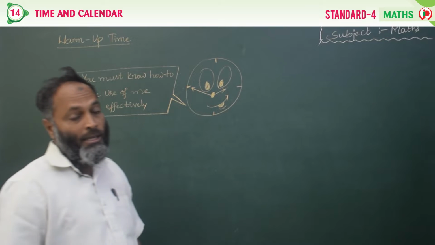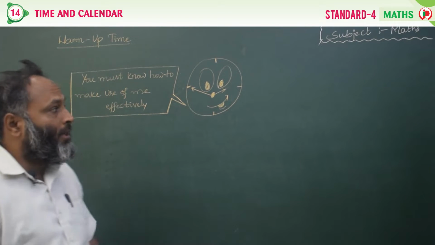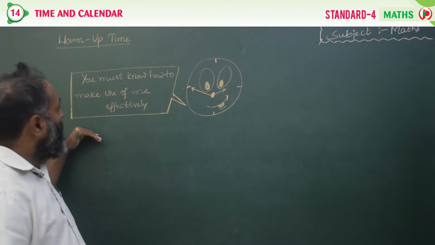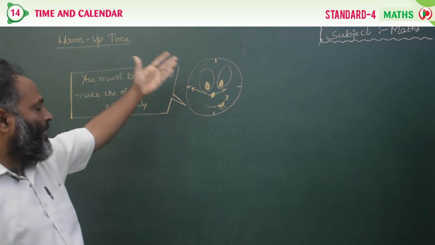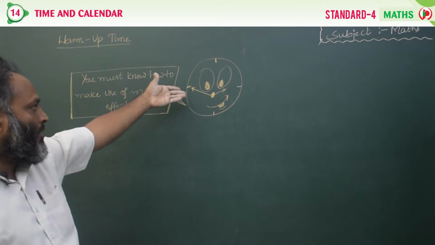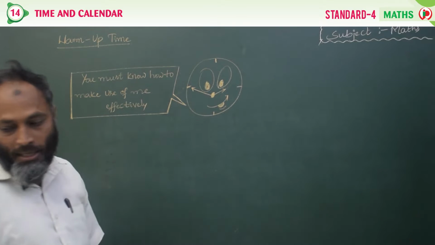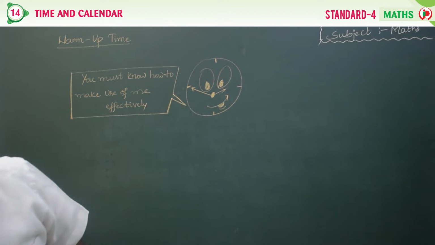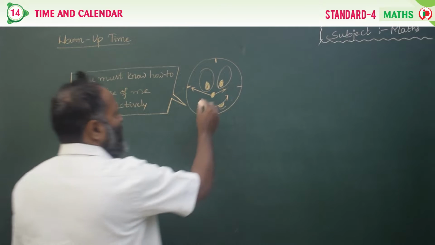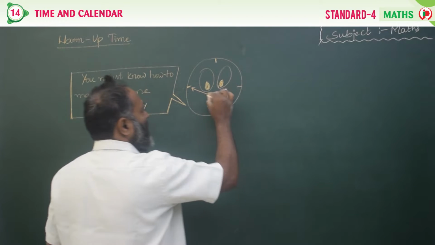Here, in the warm up, one clock is given. In this clock one small hand is there and one big hand is there. This is the small hand, this is the big hand.